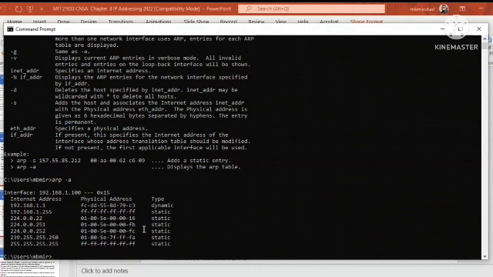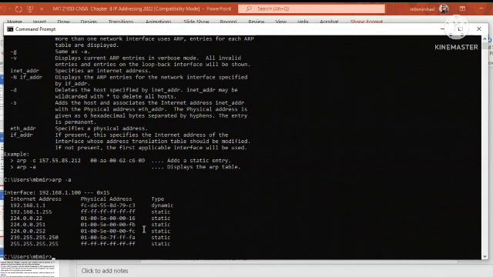I would always recommend you become familiar with this command prompt if you would like to work in networking areas.